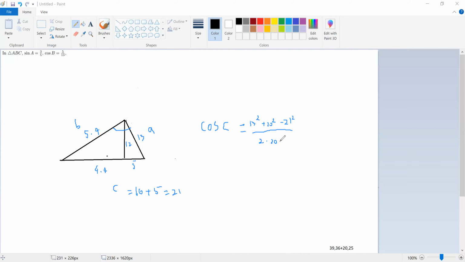You will get your answer, which is the one we got before, which is B. Okay, so that is how you could solve that on paper.